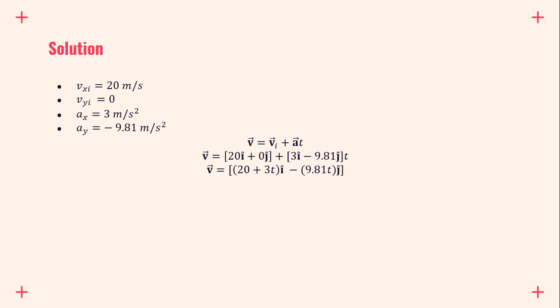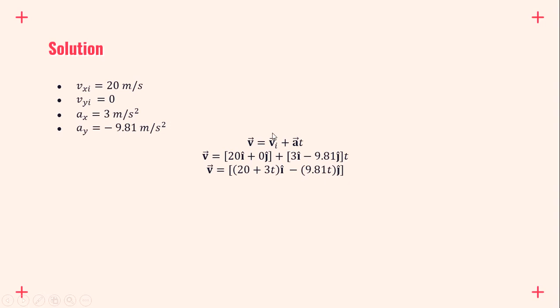So, using the formulas that we already know, the final velocity vector is equal to vi plus at. So let us just substitute the given to this formula.